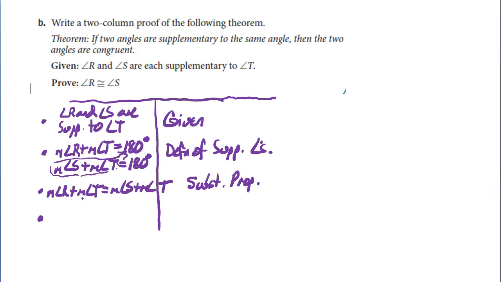We can solve this equation by subtracting the measure of angle T from both sides. That creates the measure of angle R equals the measure of angle S. That's the subtraction property.